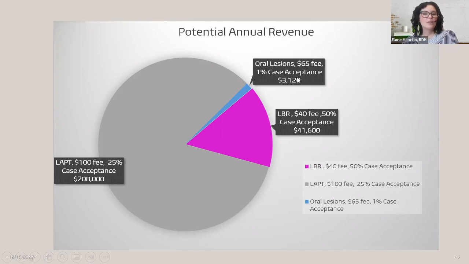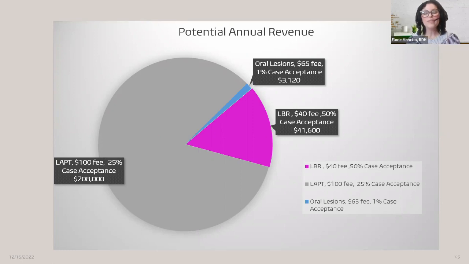You can also do oral lesions at, again, an arbitrary $65 fee with just a 1% case acceptance, maybe about 4 patients a month. That's $3,120. Now with LAPT, this is about $100 per quad, and again it varies depending on your community and the area you're servicing. You could have something in the neighborhood of $208,000.